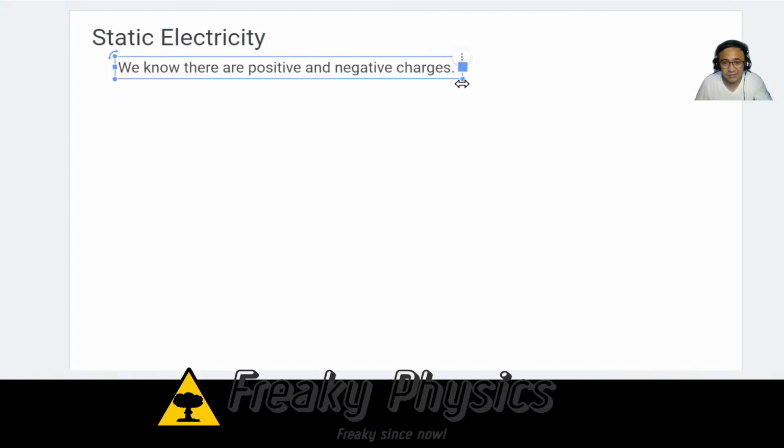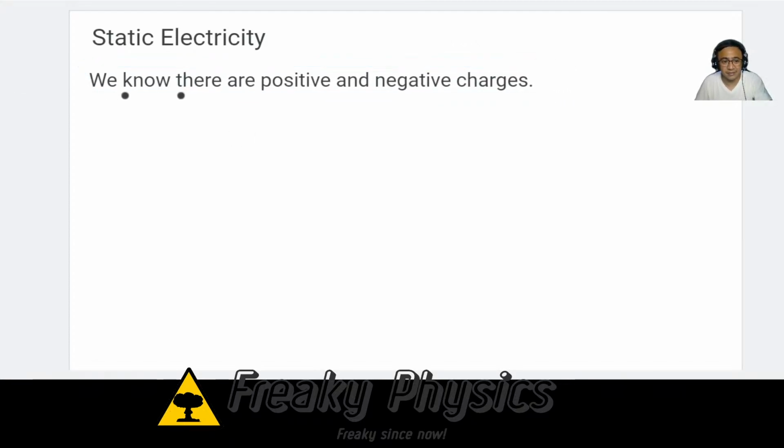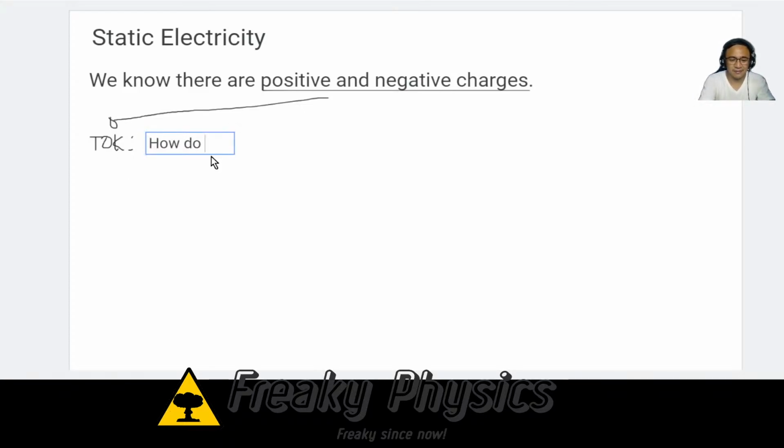Now, you may be wondering how do we know which one is positive and which one's negative? There's a bit of history here. Let's touch a bit on TOK here. How do we know which charges are positive and which charges are negative?